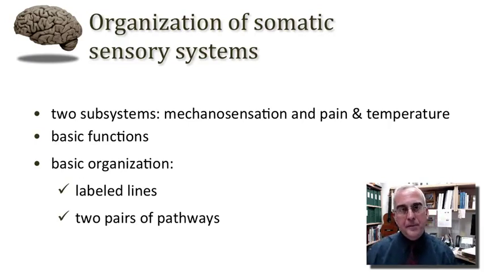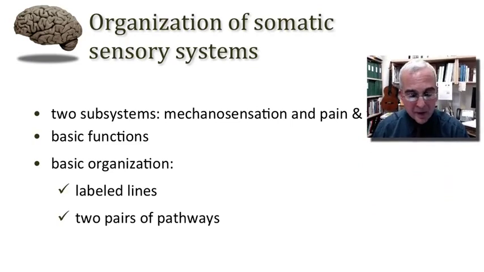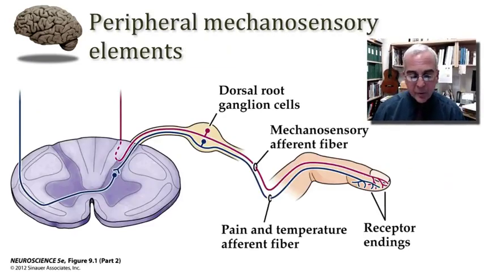Okay, now as we begin to consider the organization of these systems, let's focus in on the first order neuron. And our attention will be turned primarily to the mechanosensory systems, but as we'll see, for completeness, I also want you to see some of the differences between these labeled lines for mechanosensation and for pain and temperature.